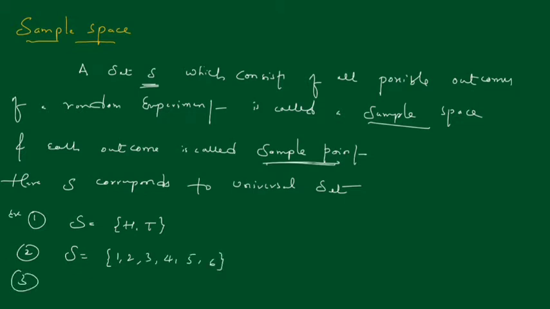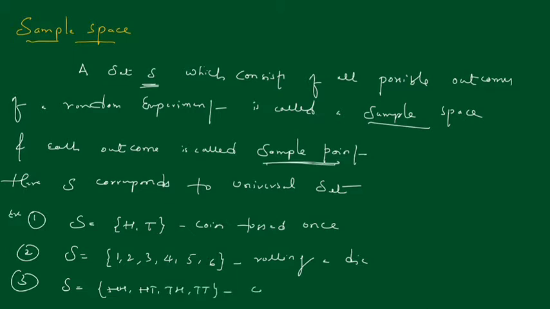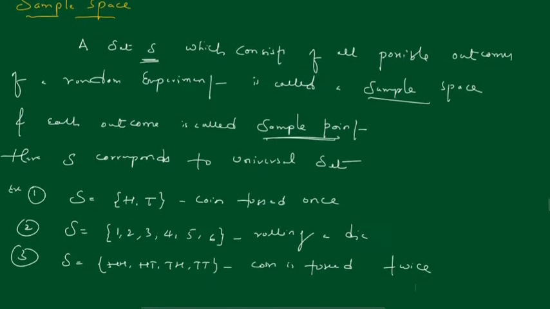And the third one, when a coin is tossed twice, S equals to {HH, HT, TH, TT}. So it is nothing but sample space.